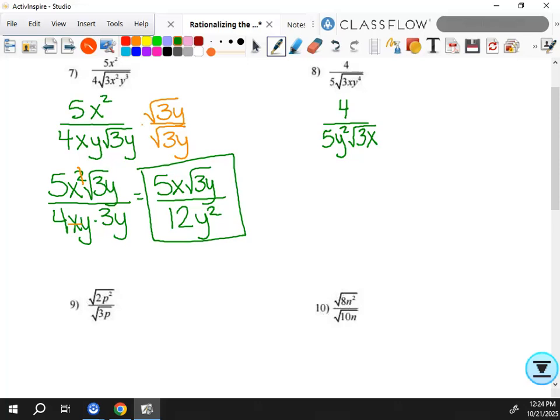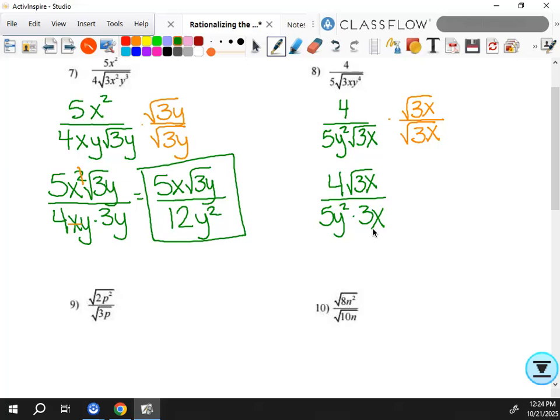Everybody with me? So then I multiply by square root of 3x over the square root of 3x. That gives me 4 times the square root of 3x over 5y squared times 3x.